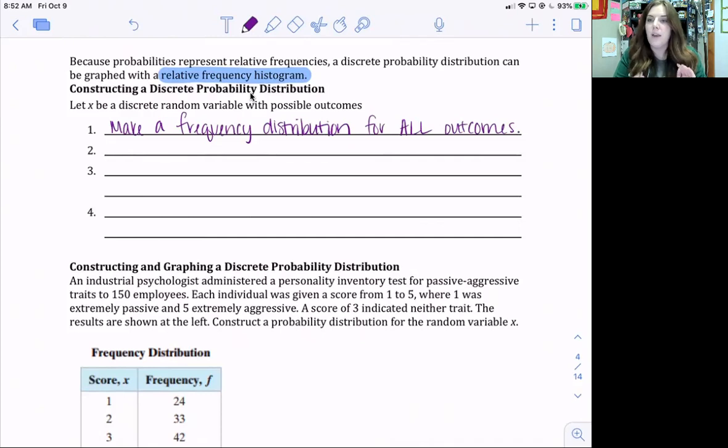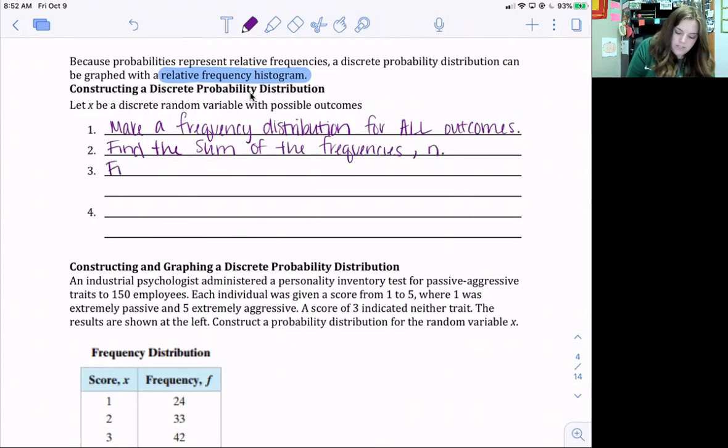They're not going to be a range or a class. Okay. Second, we're going to find the sum of the frequencies. Remember, this was our sample size or our n value.